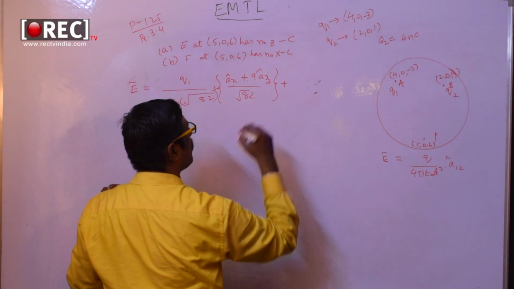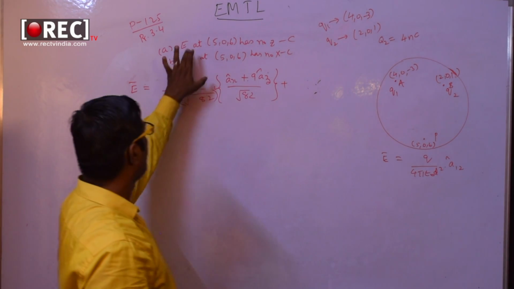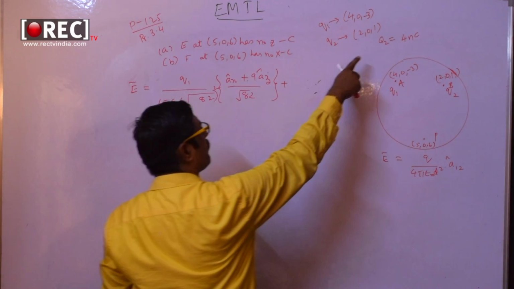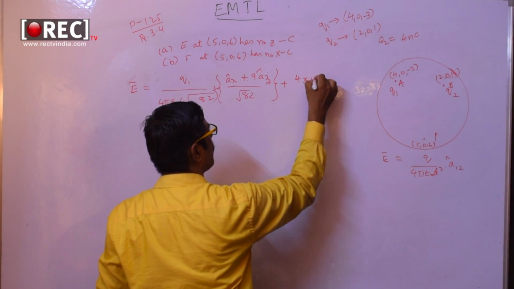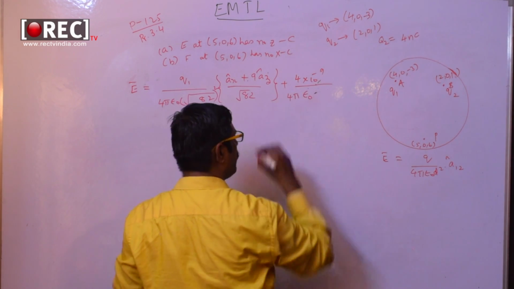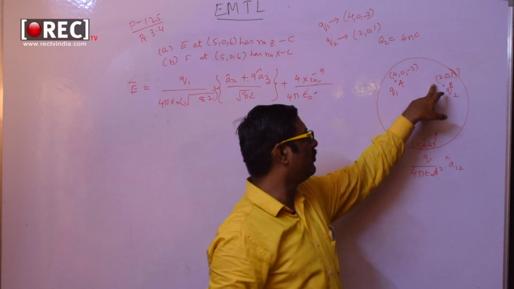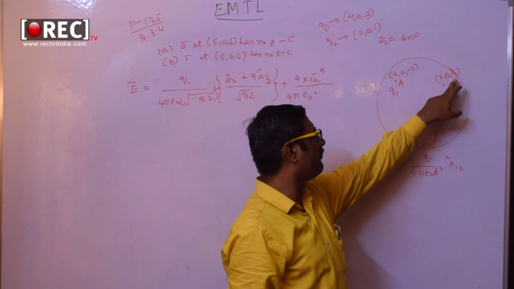And what about the second component actually? The second component of E would be what? It is same only, but the only thing is instead of Q1 you will be putting it as 4 nanocoulomb. So that is 4 into 10 to the power of minus 9 divided by 4 pi epsilon naught into, coming to d square, what is the distance between B and P? 5 minus 2 is 3, 0, 0 anyhow, 6 minus of 1 is 5.